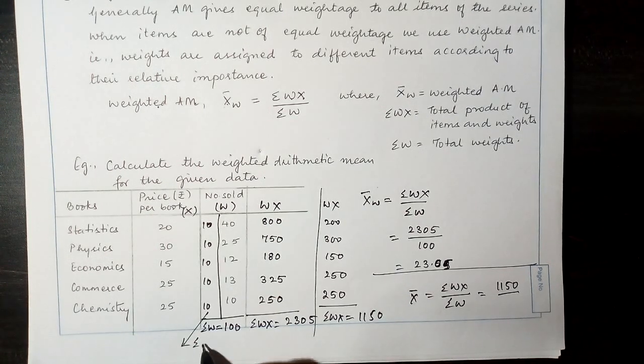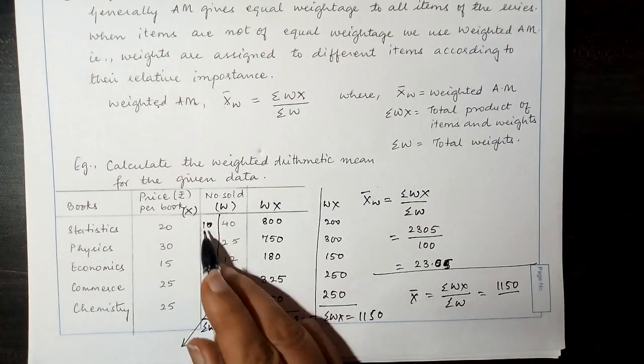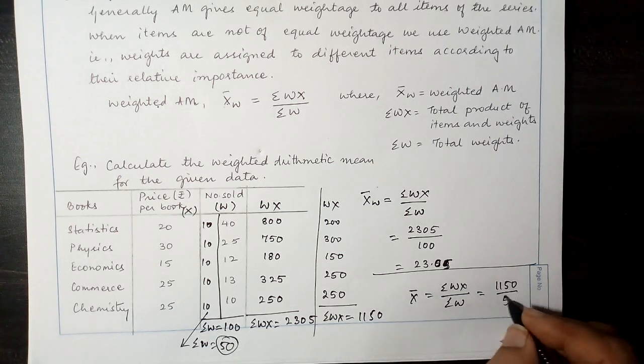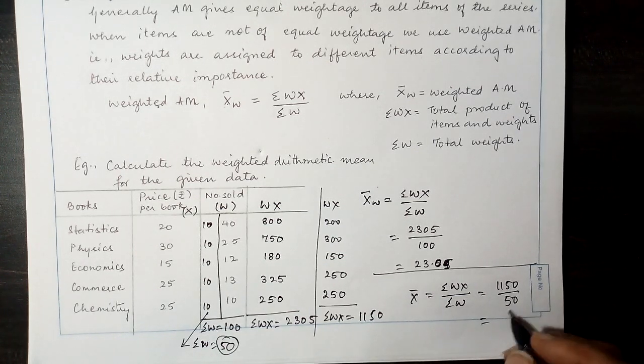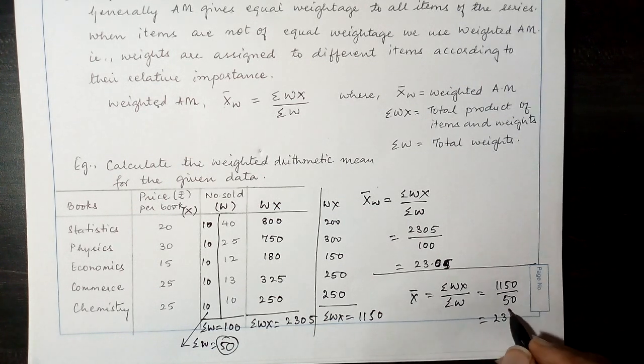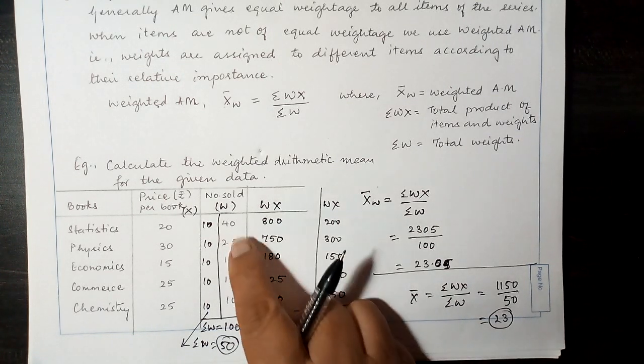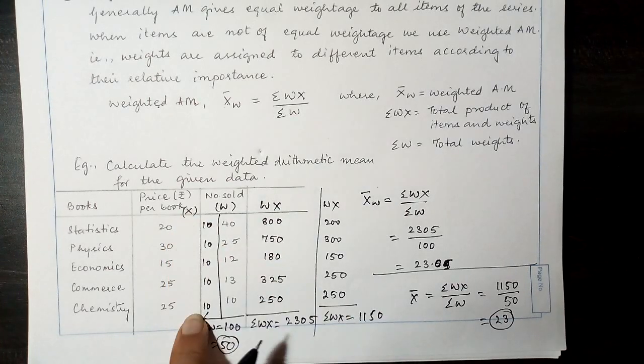So sigma W will be given by 1, 2, 3, 4, 5, 5 times 10 is 50. Okay, so we will divide by 50 and we will get 5 2s are 10, 11, 5 3s are 15. So 23 will be our new average price. Okay, so that is how it will be calculated when the weightages are different and when the weightages are same.